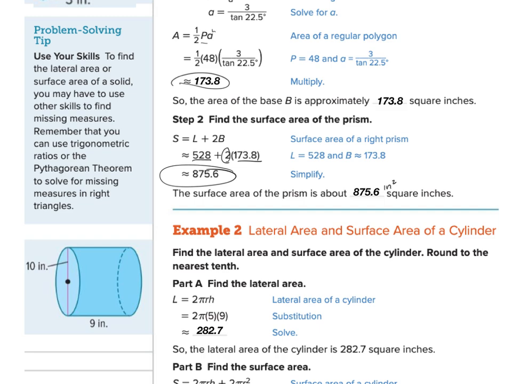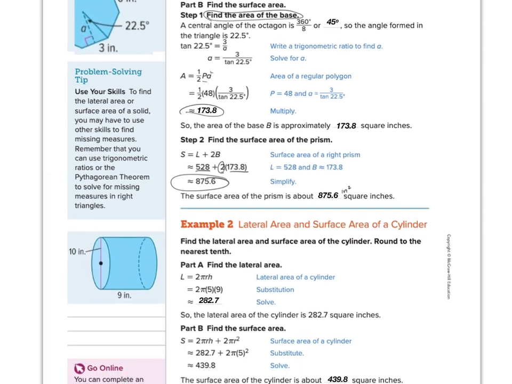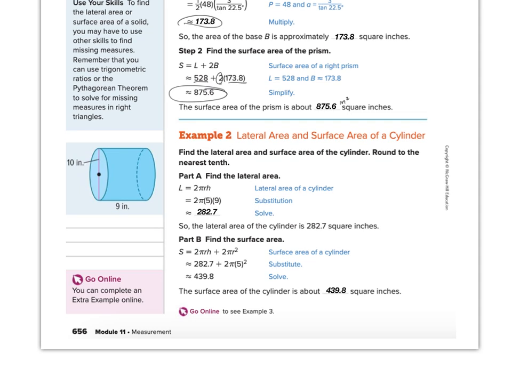So looking at that, just being able to break things apart into useful components, small manageable pieces. Cylinders might be a little bit easier because we're not creating the apothem, but I have a circle. That is my base. So calculating the area of a circle would be easy, or the circumference, which would give me my perimeter.